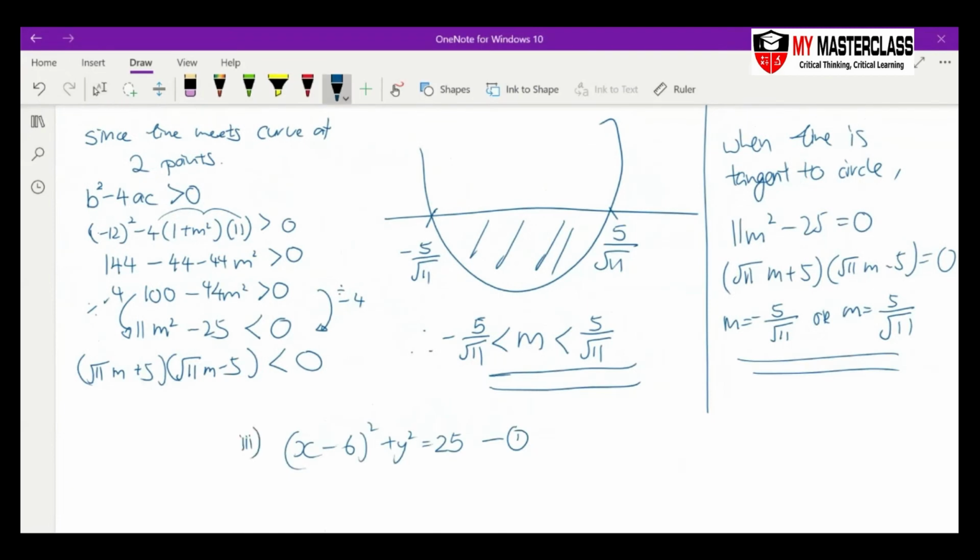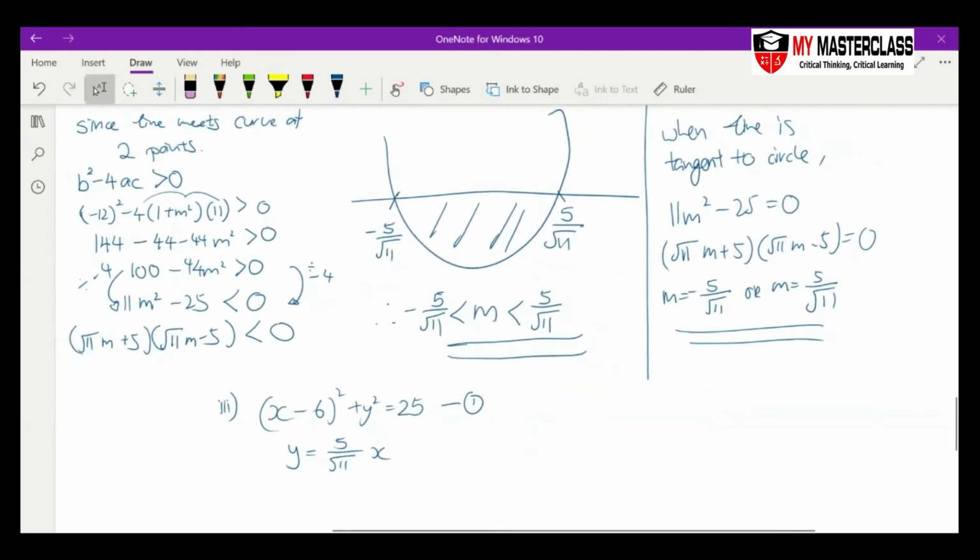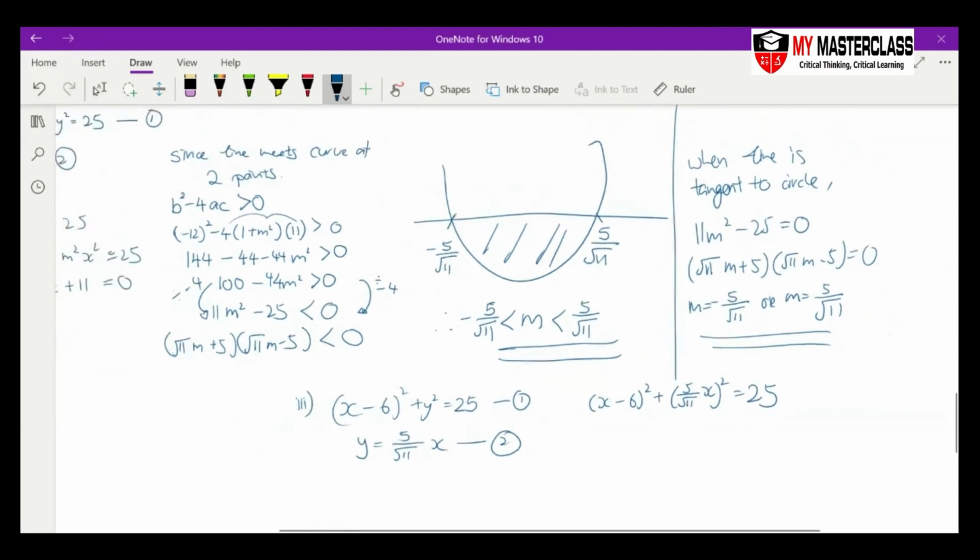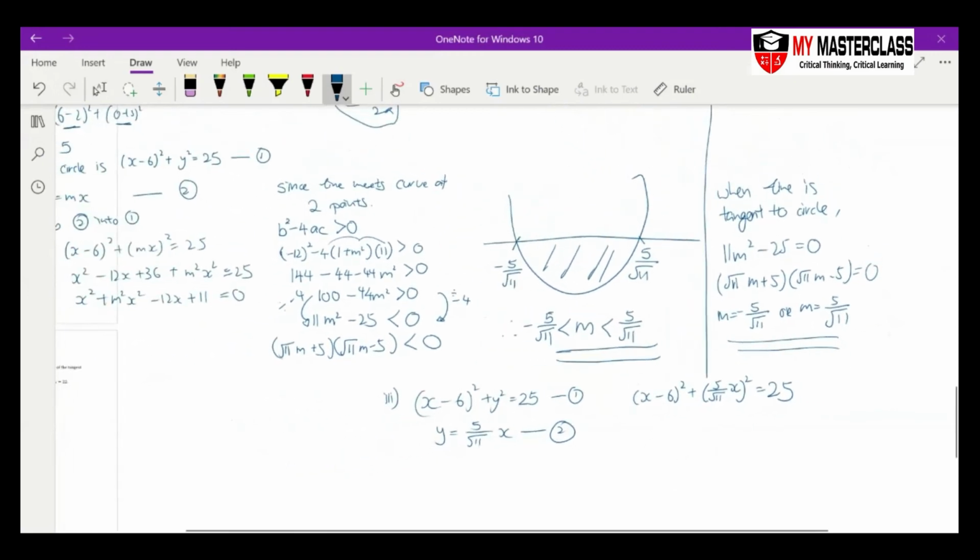And then for part 3, they ask you to find the coordinates. So you have y equals 5 over root 11 x. To find the point of intersection, just sub it in. Which means (x minus 6) squared plus (5 over root 11 x) squared equals 25.